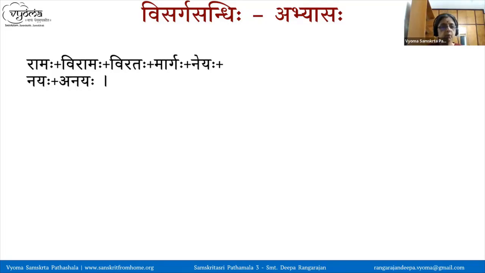Can you try each combination? What modification happens to the Visarga? Ramaha plus Viramaha plus Virataha plus Margaha. Take two by two first. Take the first pair, Ramaha plus Viramaha. There is A before the Visarga, and there is a swara other than A in Viramaha. So in Virama, which is the first letter?